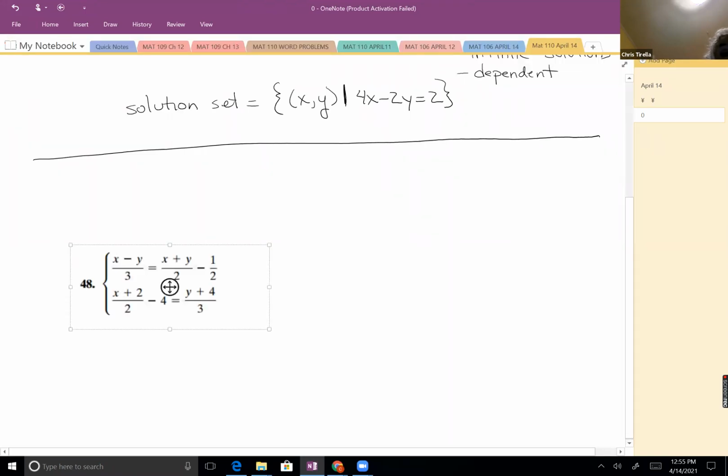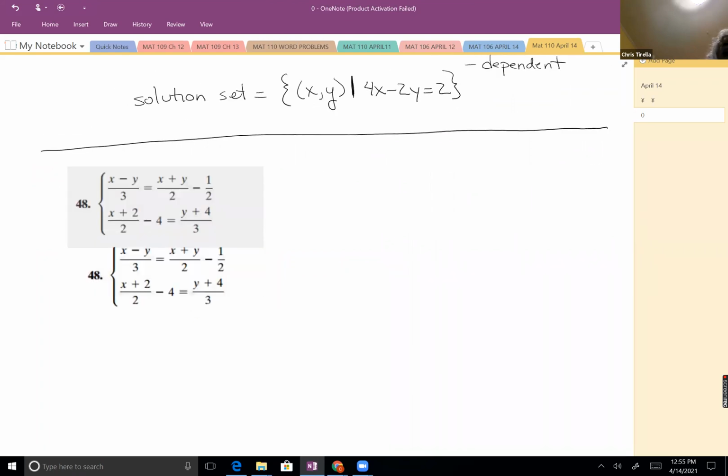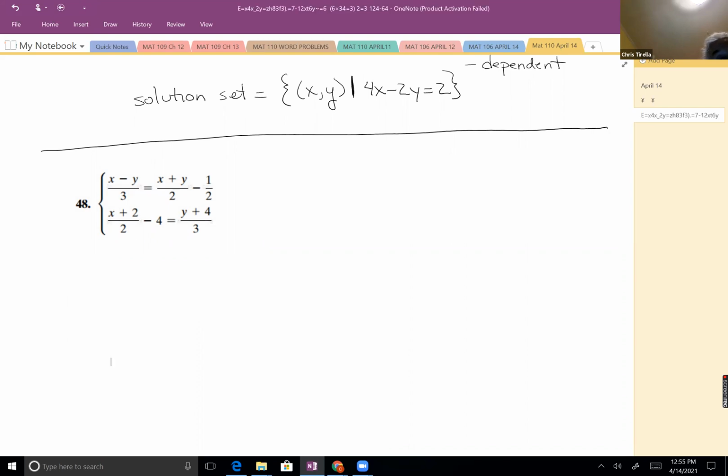And so the next one that I'd like to look at is this system of equations here. I've got x minus y over 3 equals x plus y over 2 minus a half, and x plus 2 over 2 minus 4 is equal to y plus 4 quantity over 3. Wow. Those look a little bit different, don't they?